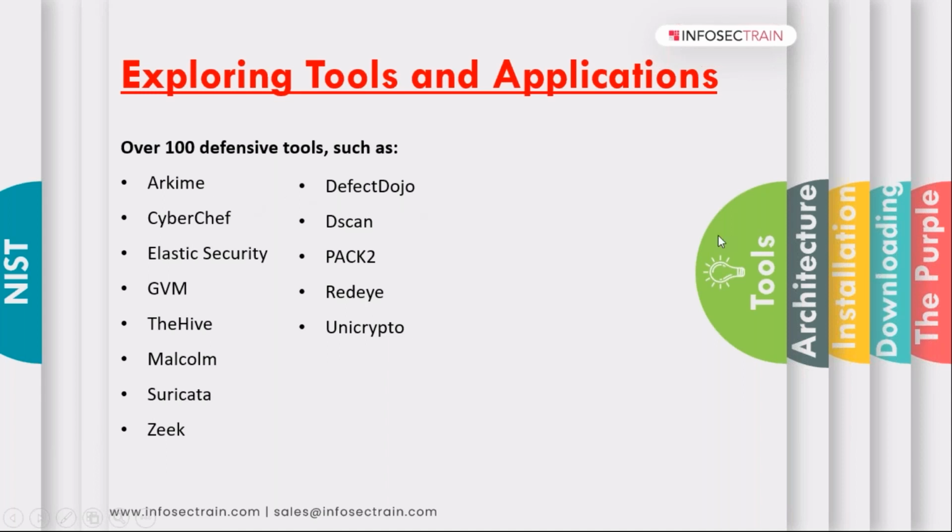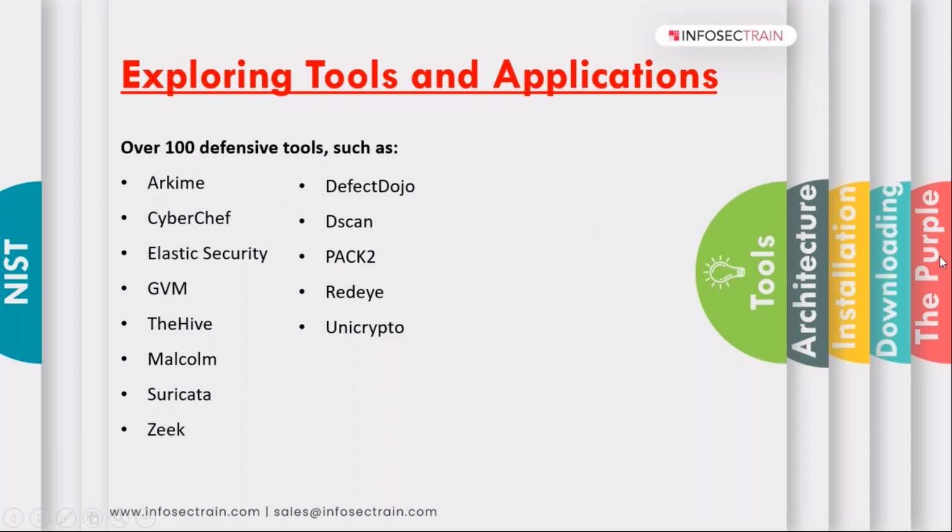There is this DefectDojo. It is again a vulnerability management platform. Whatsoever open source there were in the market, they have selected all of them. So that's again an open source vulnerability management platform. It basically helps you to prioritize the vulnerabilities which you have found in your software and applications.